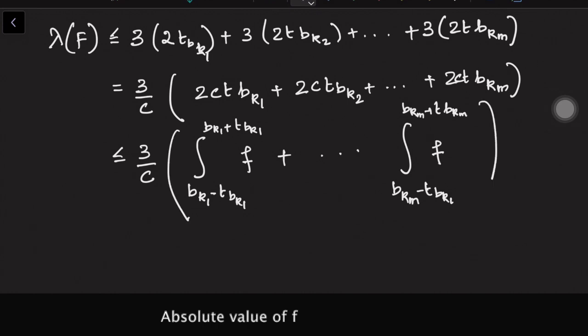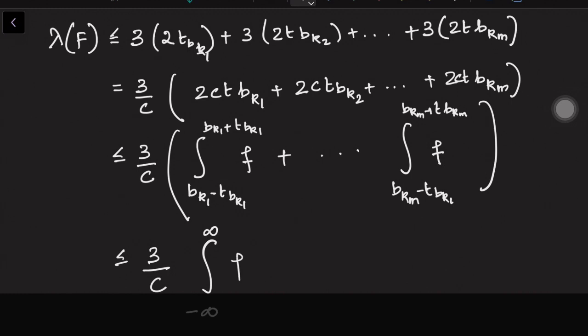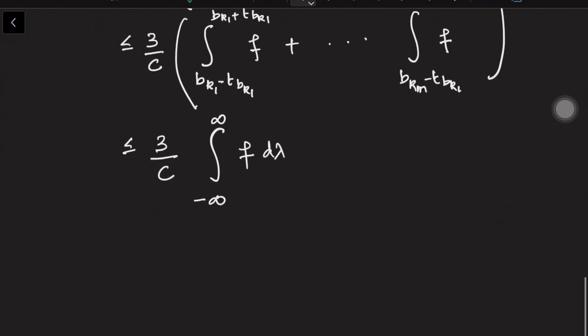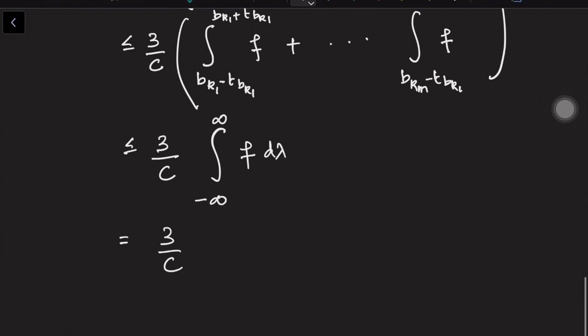This is the expression that we get. But notice all these intervals, by the choice of Vitali's lemma, are disjoint, and hence this sum has to be less than or equal to the integral from minus infinity to infinity, that's the overall f. And that is what we want. So we get 3 by c times the L1 norm of f, and that proves the Hardy-Littlewood maximal inequality.